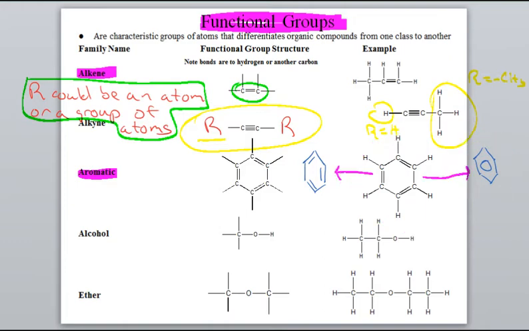A lot of functional groups in carbon-based molecules contain an oxygen atom. So why would an oxygen atom be classified as a functional group? What do we know about oxygen? Oxygen is our second biggest sun in our universe of atoms. It has a high electronegativity. It pulls those bonding electrons pretty close to it. It makes for weak bonds. Chemical reactions happen where there's a weak point, where there's a weak bond.